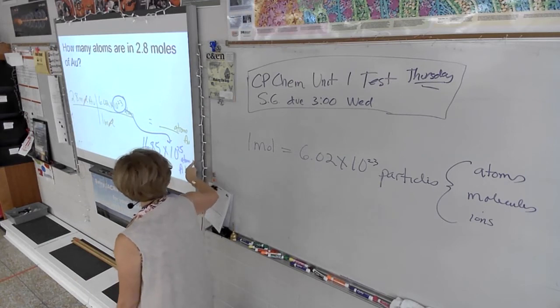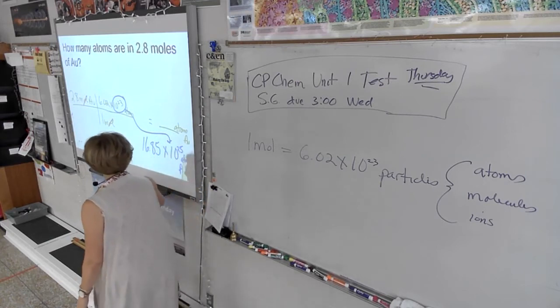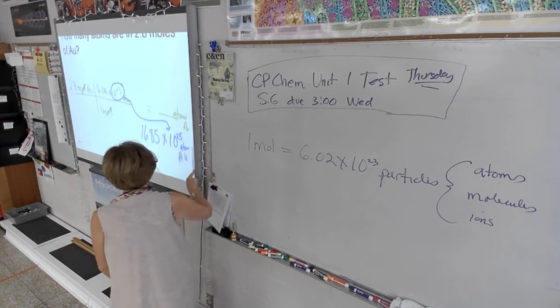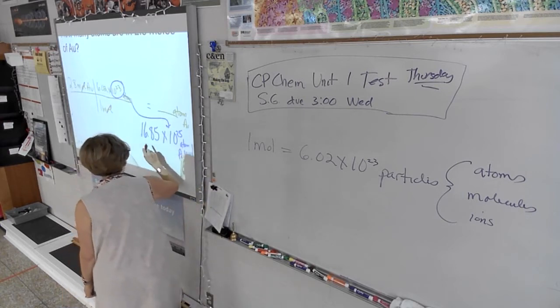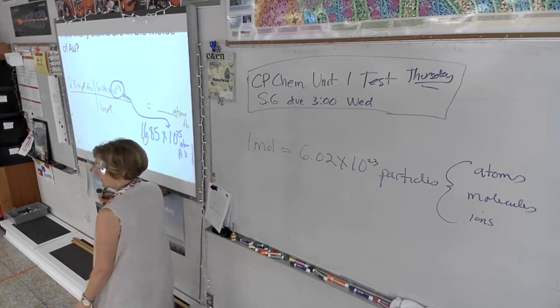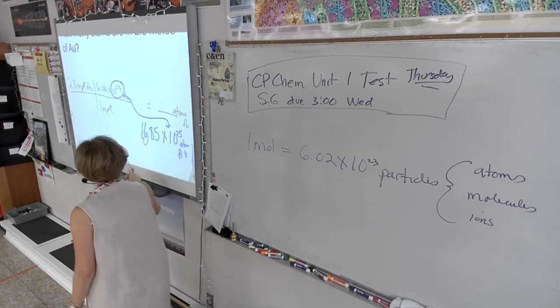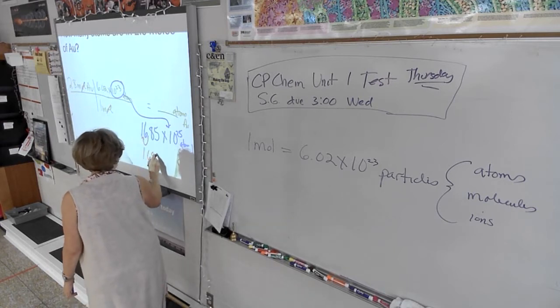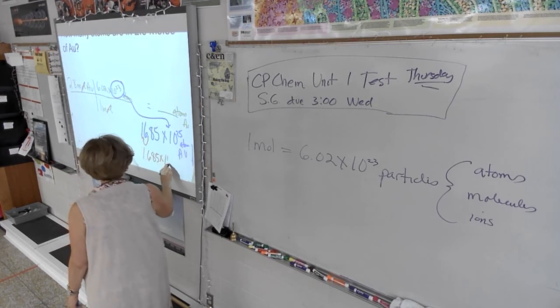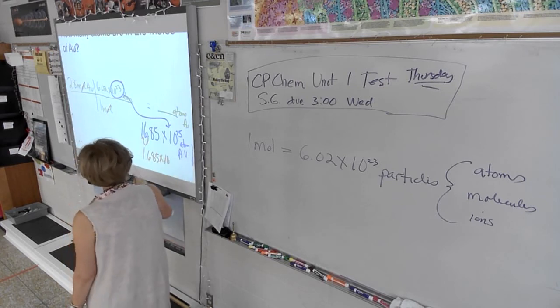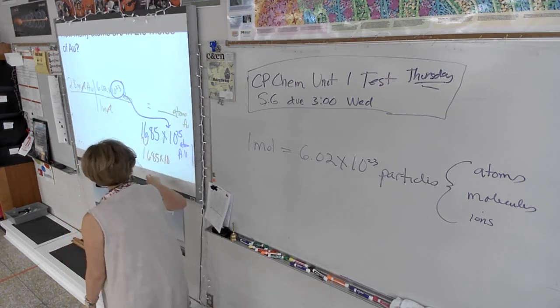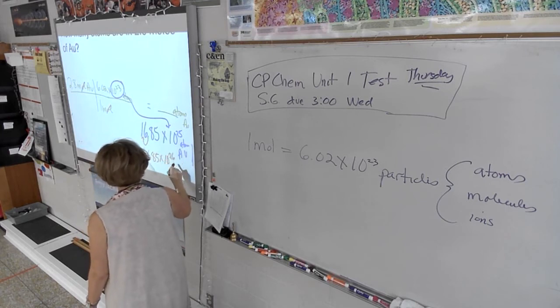So I'm not in scientific notation, am I? Nope. So I have to move the decimal over, make that number smaller by 1. When I make it smaller by 1, what do I have to do with my exponent? If I make that smaller by 1, then I'm going to have to make this bigger by 1.